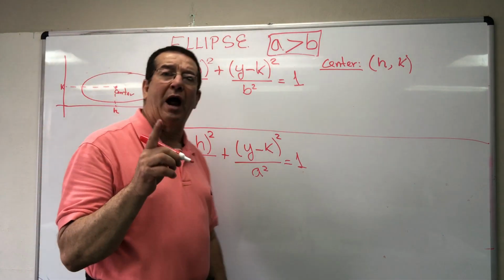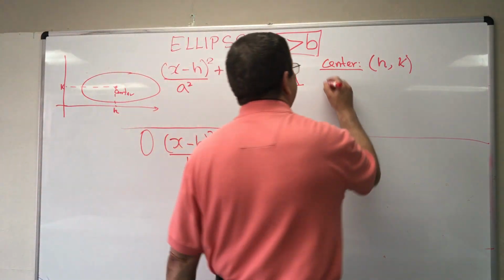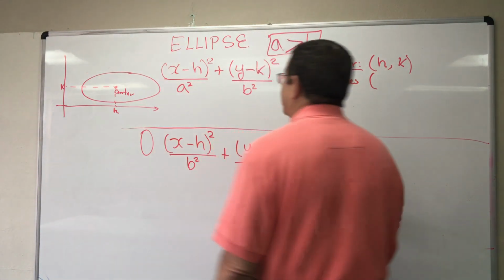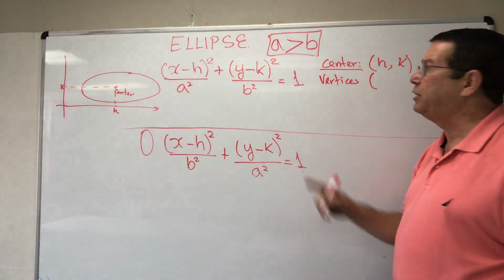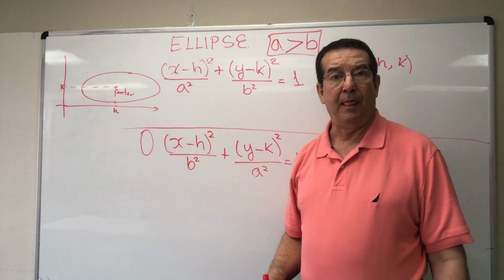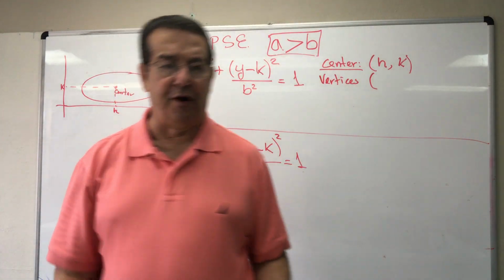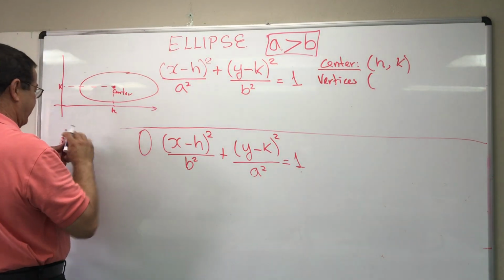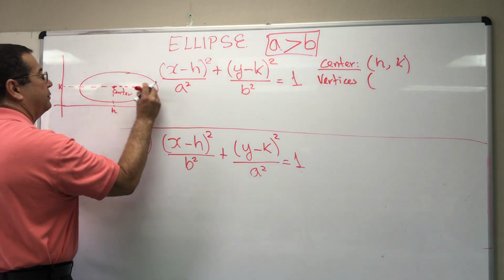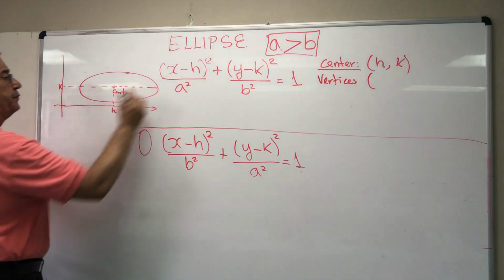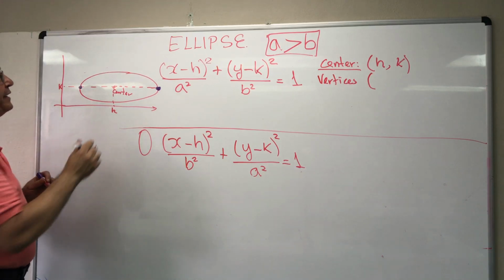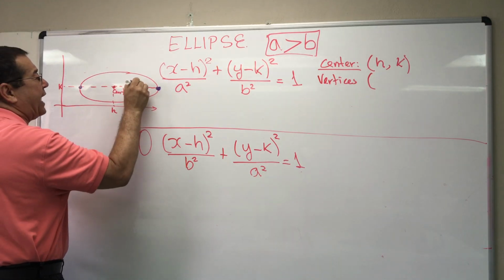Now another part of the ellipse is the vertices. To find the vertices, when this is horizontal, you need to know the value of a. The vertices are these two points, and the distance from the center to each of them is a.